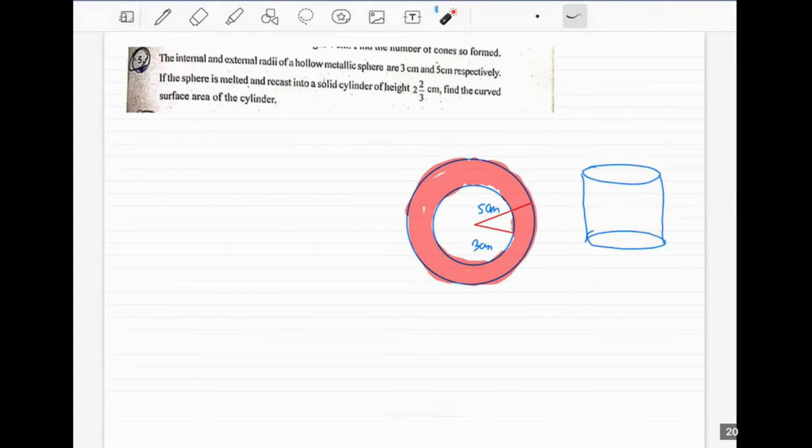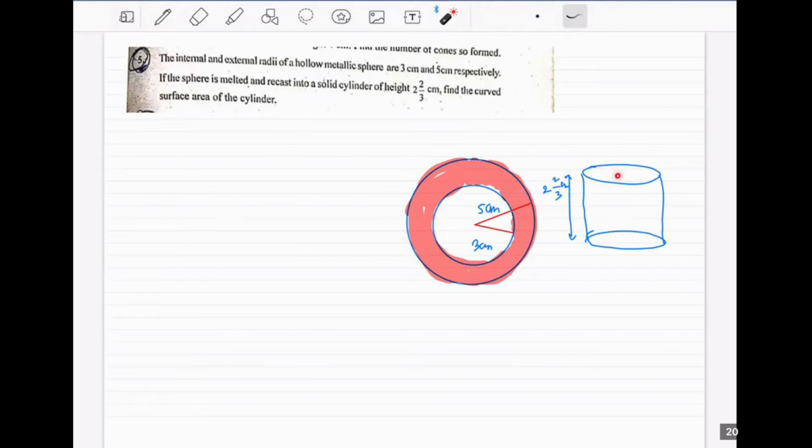There is no hollow portion in case of the cylinder. Only the sphere is hollow. And one dimension of the cylinder is given. The solid cylinder has a height of 2 whole 2 by 3 centimeter.